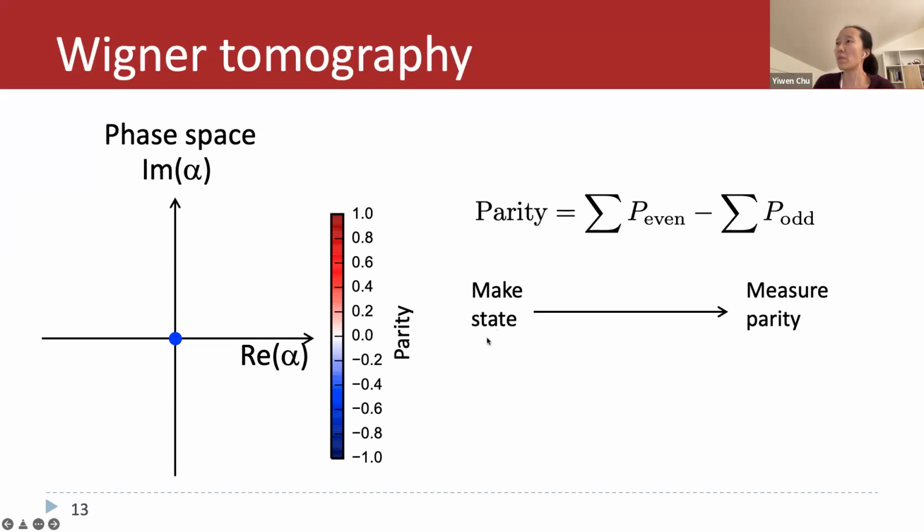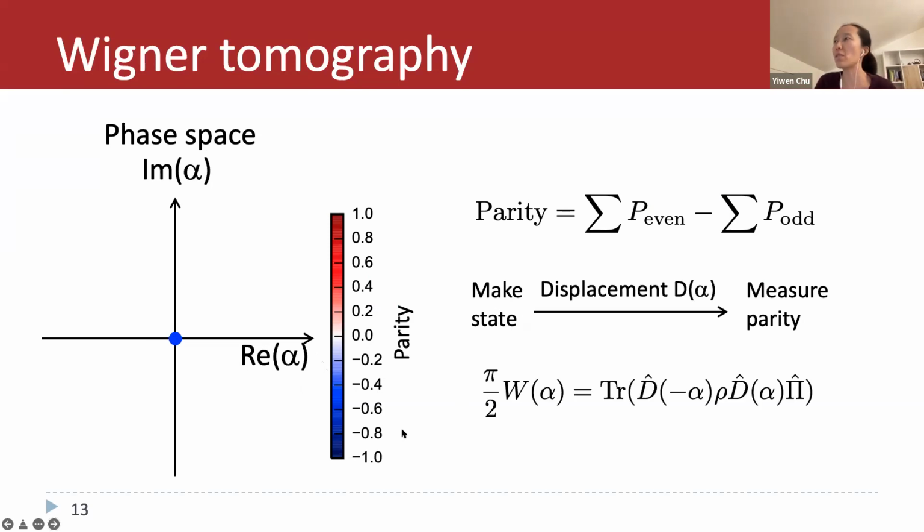What we've done is make a state, and then measure the parity. In this case, if we take the state of 1 phonon, you measure the parity and it should be negative. So I've plotted a blue dot here in the middle of phase space.